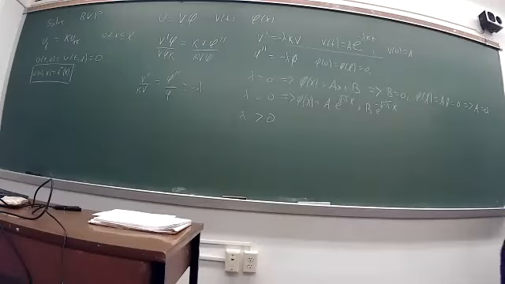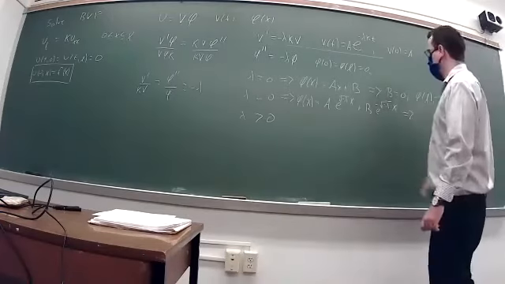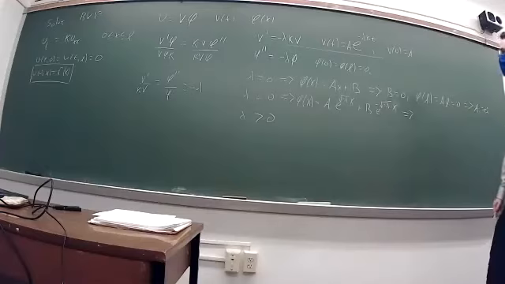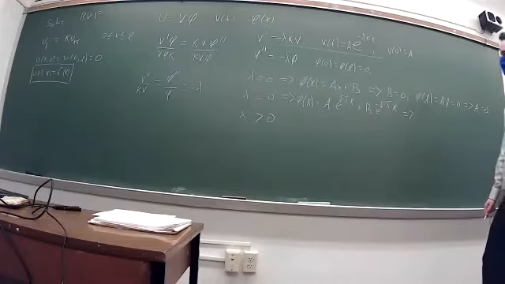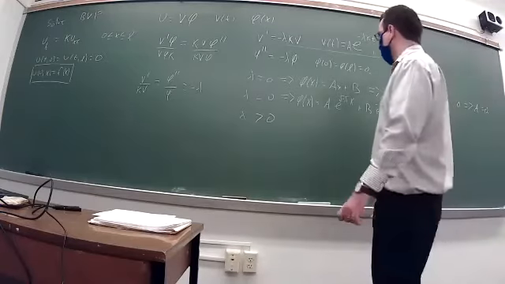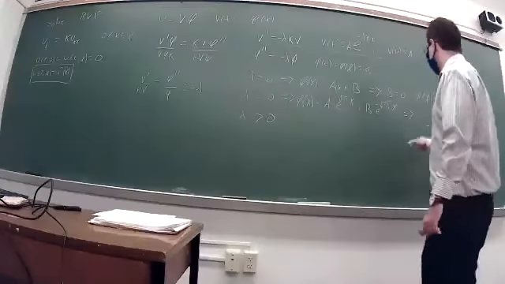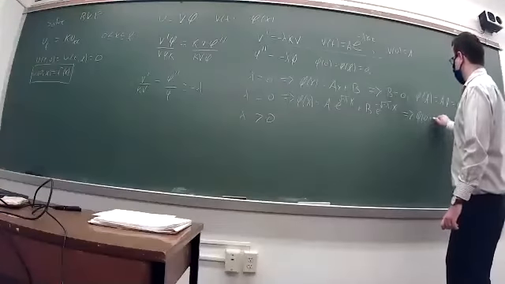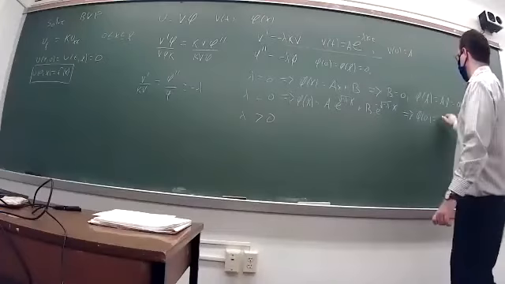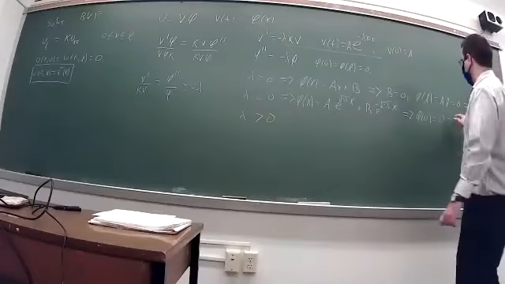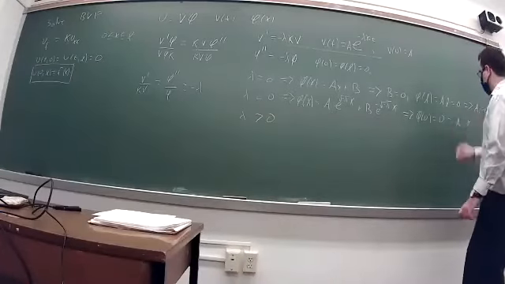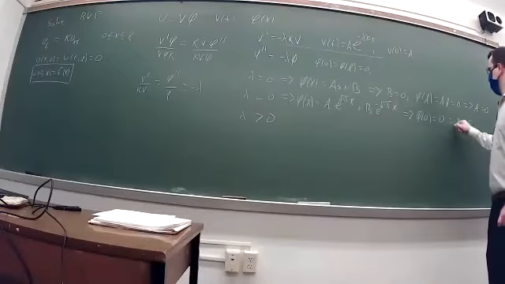And once again, you can start plugging in your boundary conditions. So if you start looking at phi of 0, phi of 0 equals 0, it's also equal to a plus b, so a equals negative b.